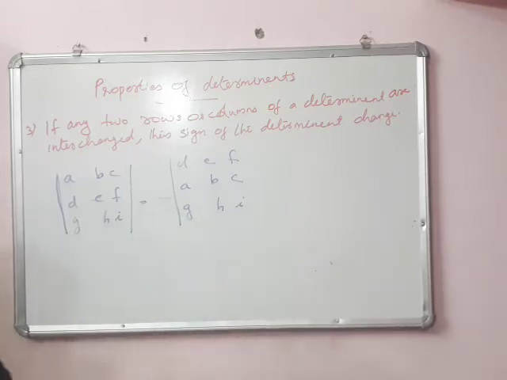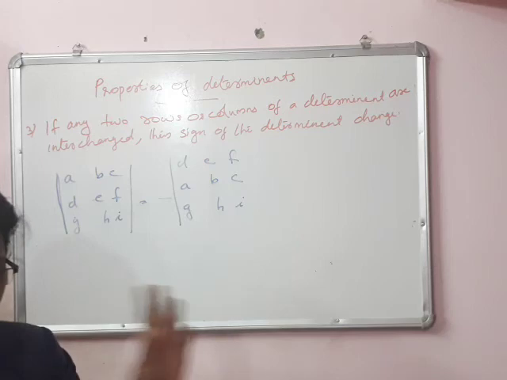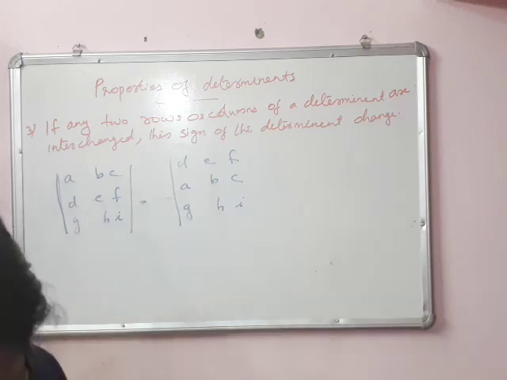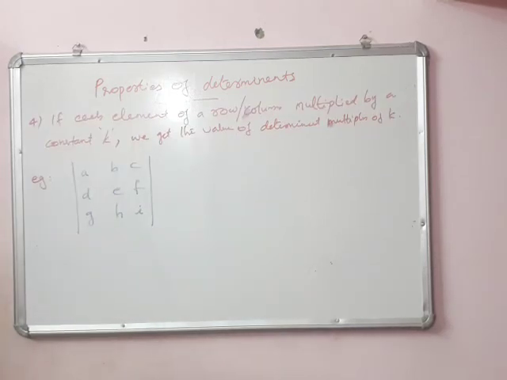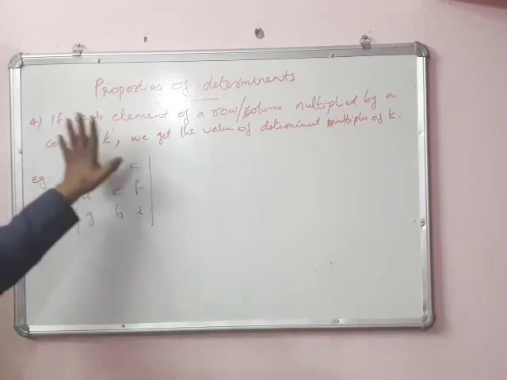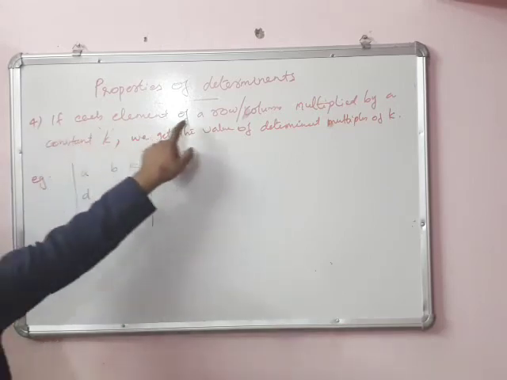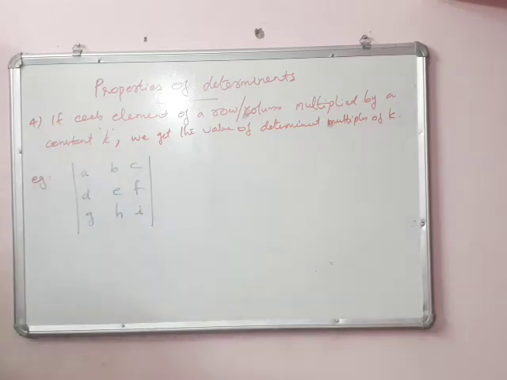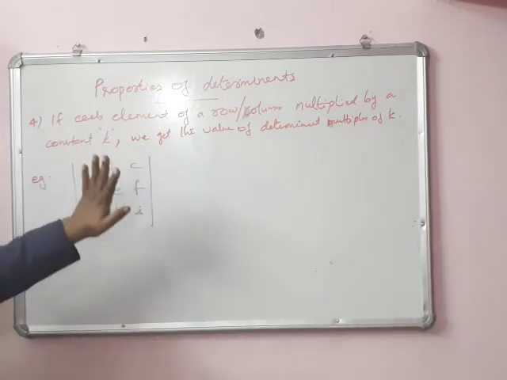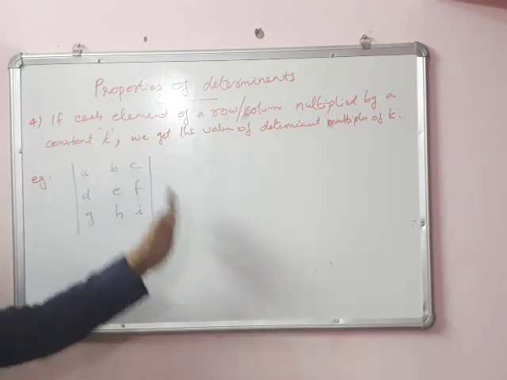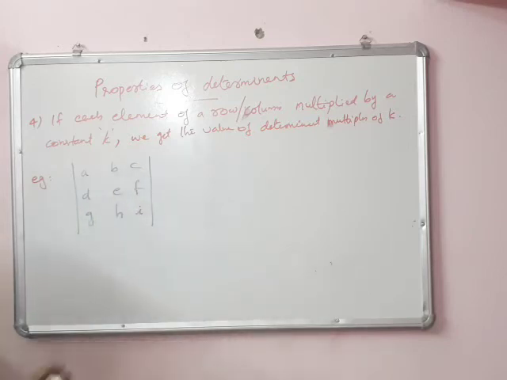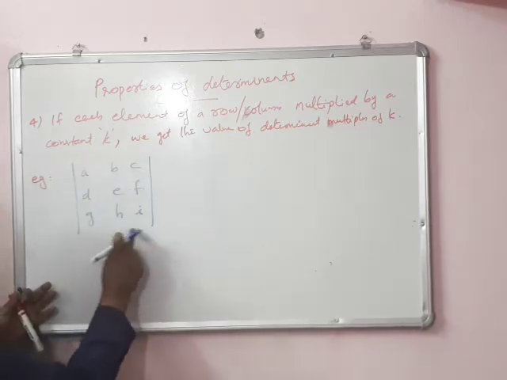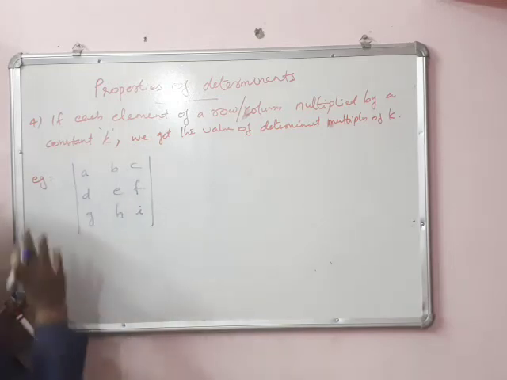Then mainly there are 6 properties. Now we will explain the properties. Listen. If each element of a row or column is multiplied by a constant k, the result is also a multiple of k. Suppose for example, A, B, C, D, E, F, G, H, I is the determinant.